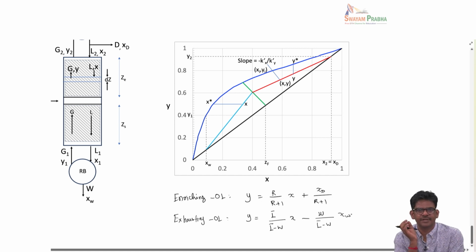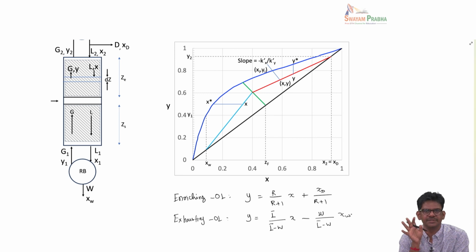So these are the operating lines that we saw in the McCabe-Thiele method. The same methods apply here also.